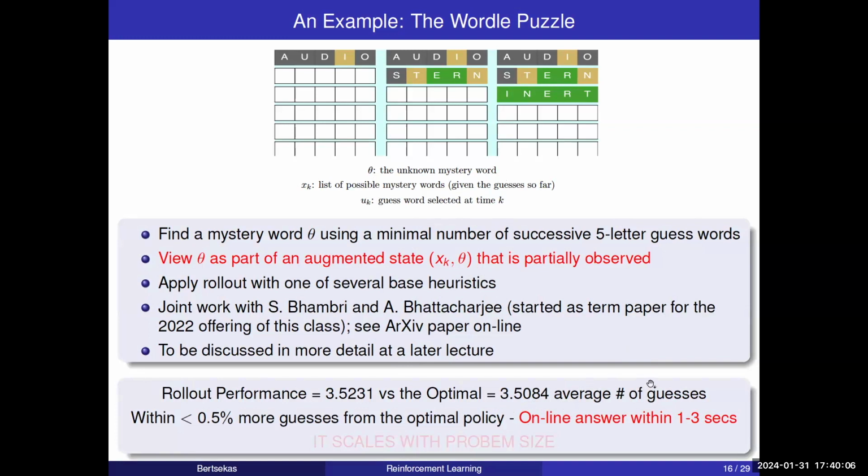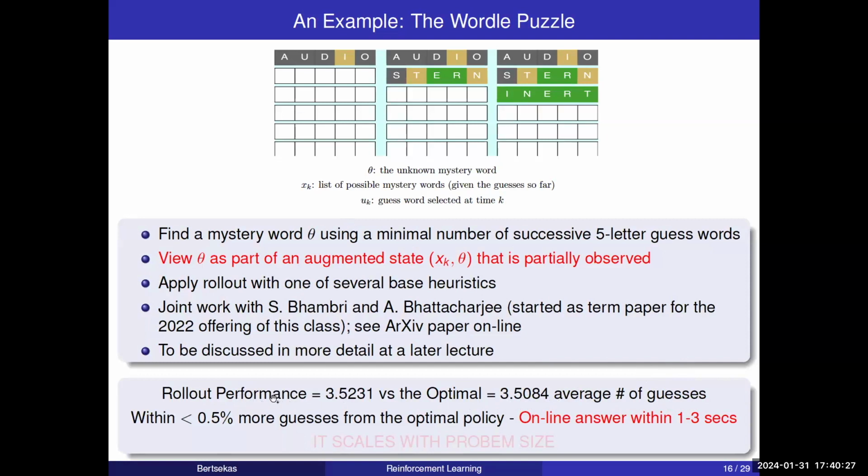Still, it takes quite a few days to do this computation, to find the optimal strategy. And it's calculated that with optimal choice of the initial word, the optimal value, the optimal average number of guesses is 3.5, about 3.5084.